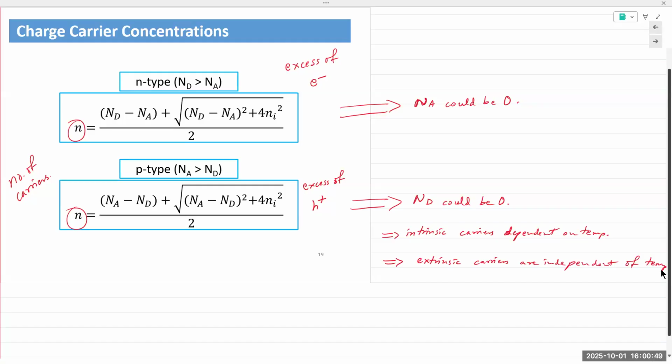Sorry, I mixed up dependent and independent. So intrinsic charge carriers are dependent on temperature, whereas extrinsic are dependent on doping, and so completely independent of temperature.